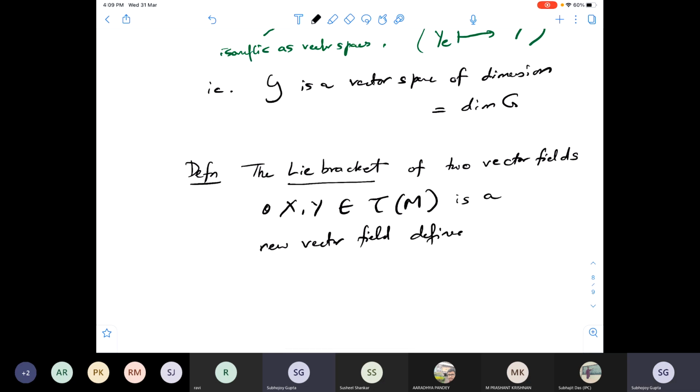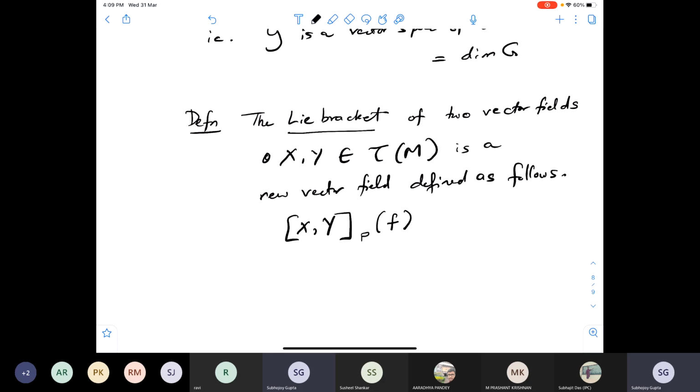defined as follows. This new vector field is denoted by [X, Y], and so I need to tell you what tangent vector it is at a point p. For that I need to tell you what it does to a smooth function. Remember that a tangent vector is a derivation.